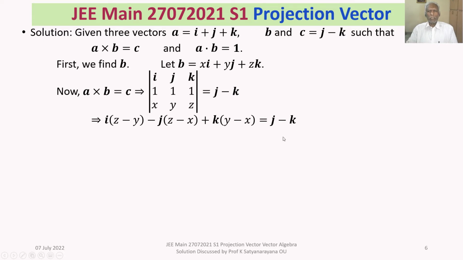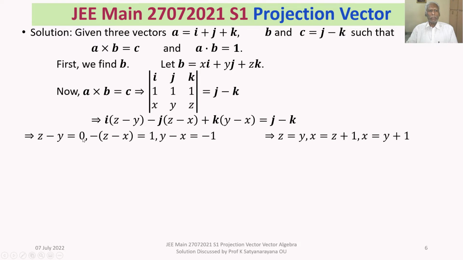Now these two vectors are equal, so the corresponding coefficients of i, j, k on both sides must be equal. That will imply z minus y is equal to 0, the coefficient of i on the right hand side. Then the coefficient of j gives x minus z is equal to 1. Similarly, y minus x is equal to minus 1.